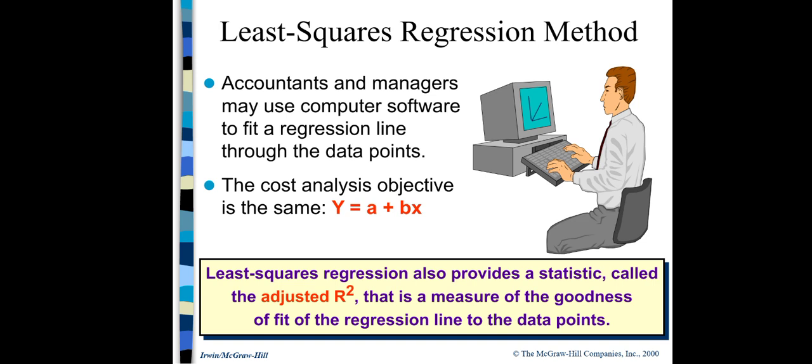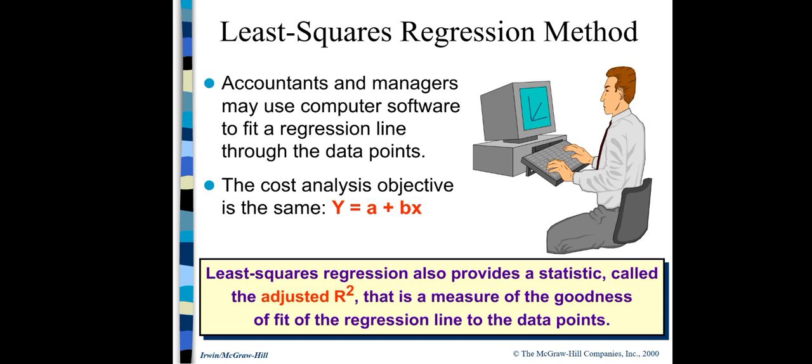Jadi dibanding dengan high-low method yang manual tadi ya, dia cuma menggunakan data yang paling tinggi dan paling rendah. Sementara kalau least square dia menggunakan semua data rendah, tinggi, middle dan lain sebagainya, itu semua dimasukkan dalam Excel. Jadi diolah menggunakan aplikasi di Excel atau rumus-rumus di Excel.